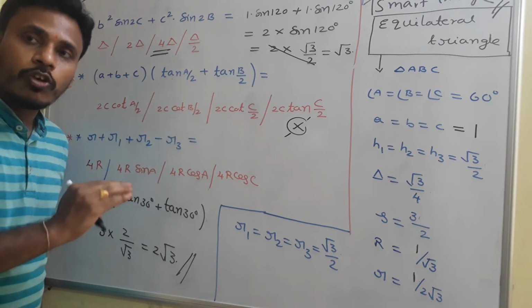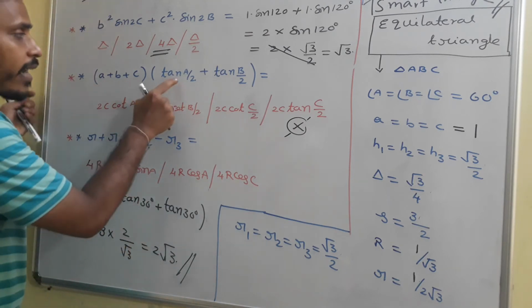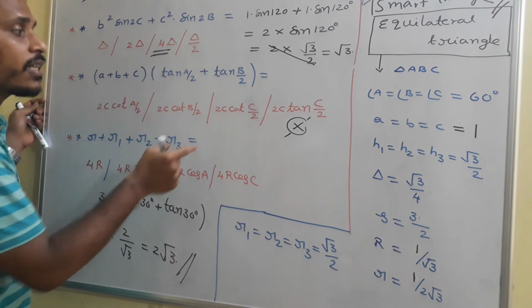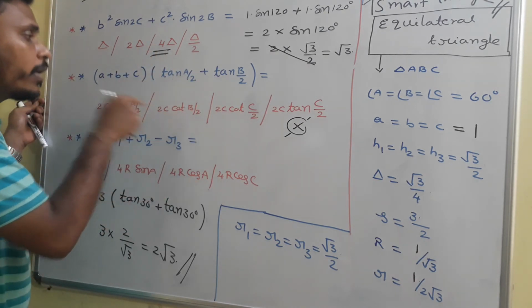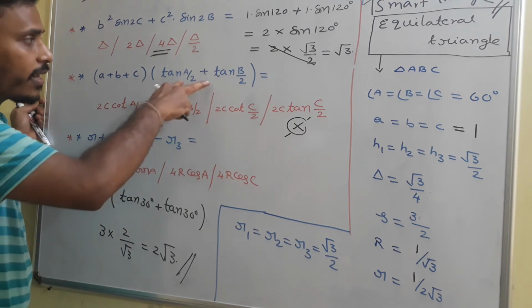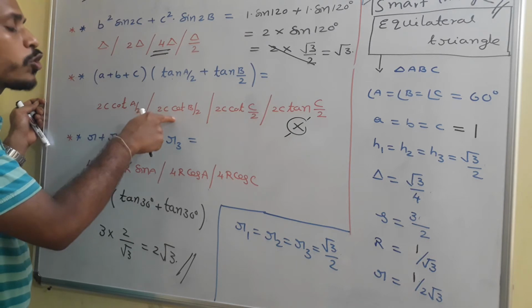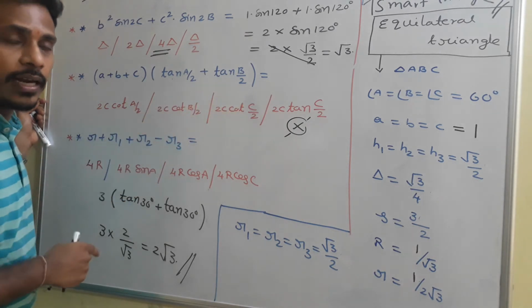All the formulas of properties of triangle follow a symmetrical pattern. Here tan a by 2 and tan b by 2 are involved. So for sure the answer is in terms of C. If it is in terms of A, it may be in terms of B also, because here A and B are involved. But this is a choose-one-option-correct type.